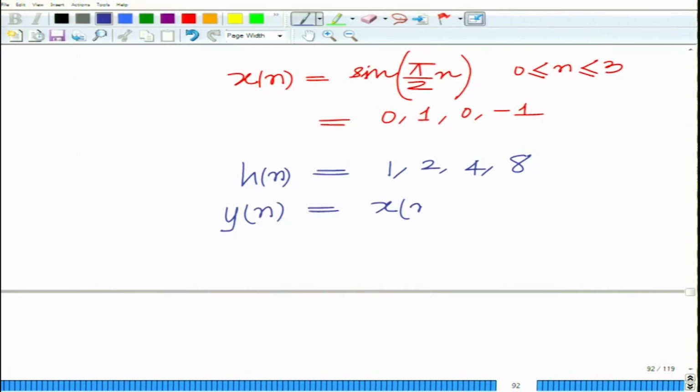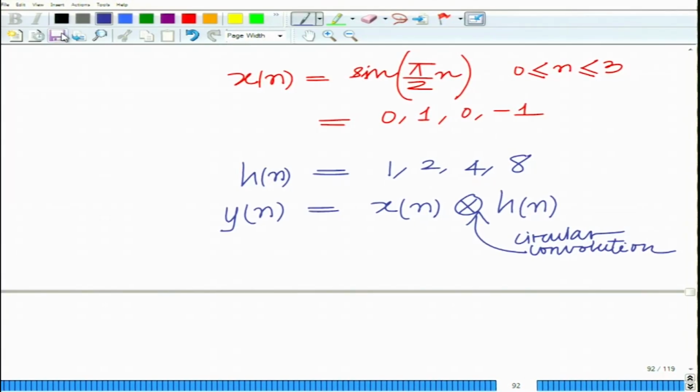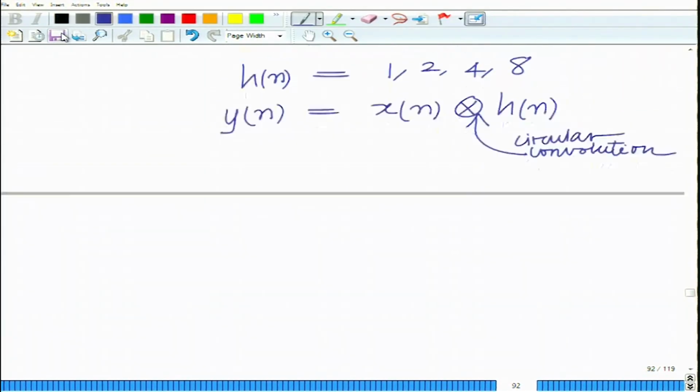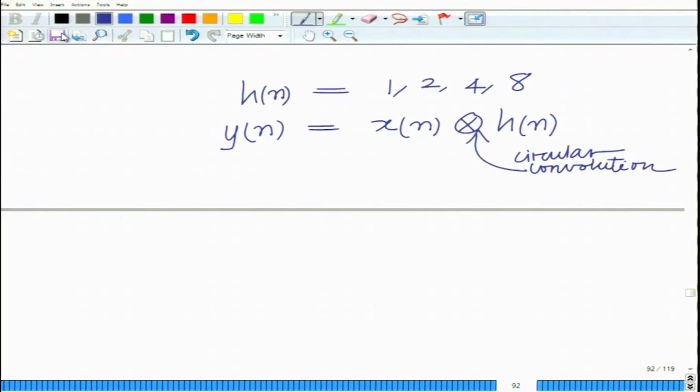So, this is x[n] circularly convolved with h[n], correct. This is your circular convolution. We have implemented this in the time domain, correct, the circular convolution between these two signals in the time domain.